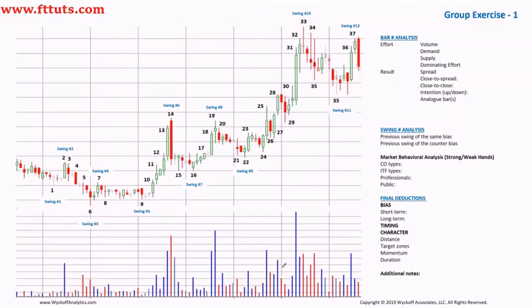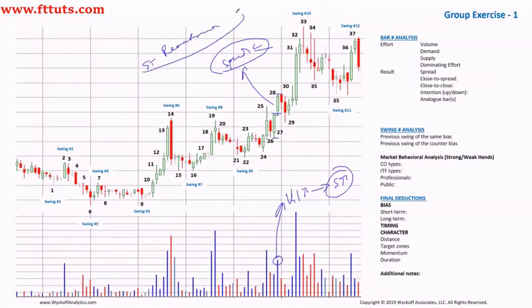Now, 28 has very interesting characteristics because the volume has increased, and that suggests that supply has increased. Also, we see that the spread has diminished ever so slightly relative to 27. What does that suggest? Well, on increasing effort, emergent supply and diminishing result, we're going to have some kind of short-term reaction. We are not expecting a very big reaction.